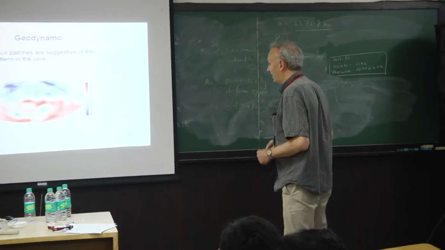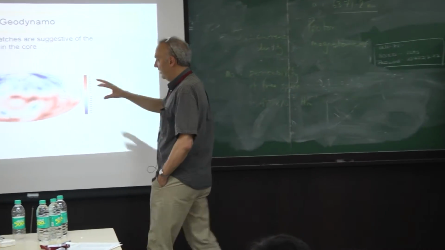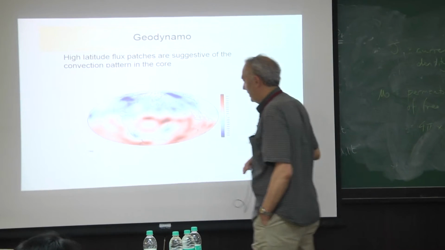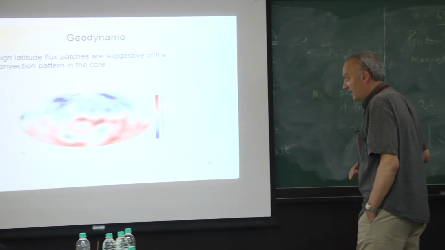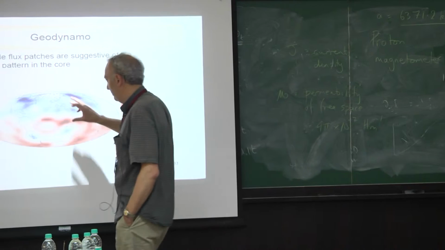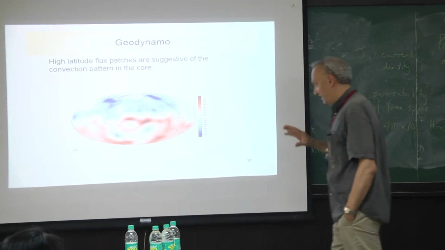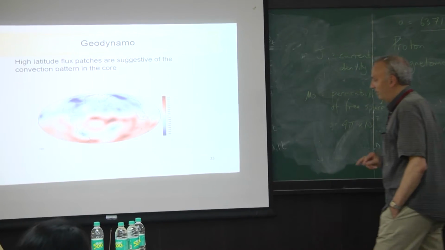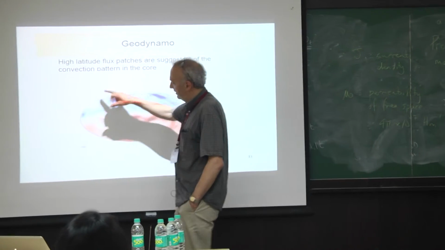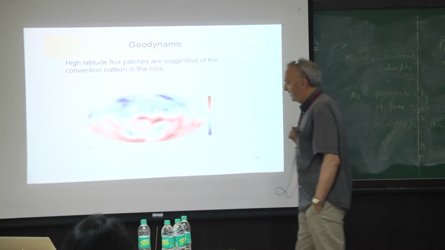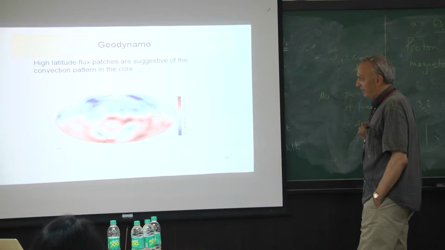And you can see that that is not what we see. In fact, this is much more interesting. And we'll talk in a moment about what we think this tells us. Okay, but anyway, that's our first look at the magnetic field at the core surface.